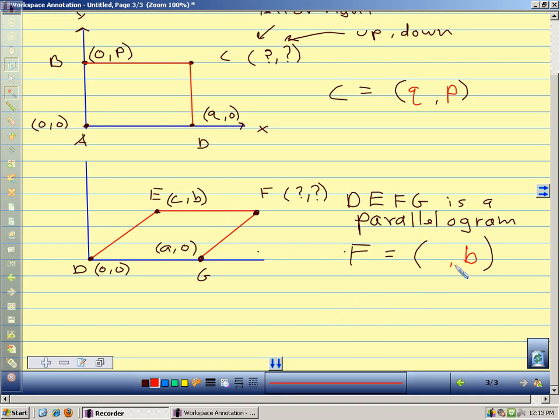Now let's see what we need to do to figure out our left and right. I'm going to draw in a dotted line here, right here. And I'm going to draw another one here. And we're going to say that these make 90-degree angles.